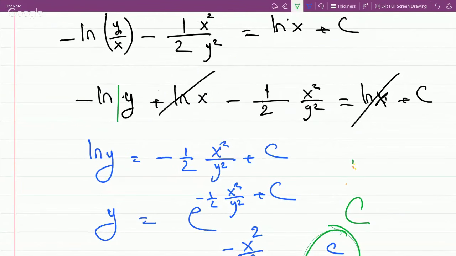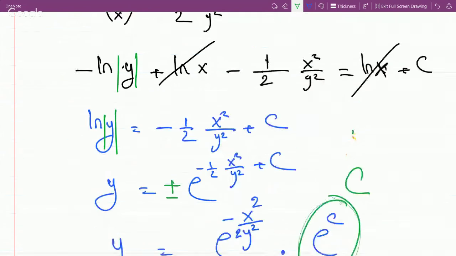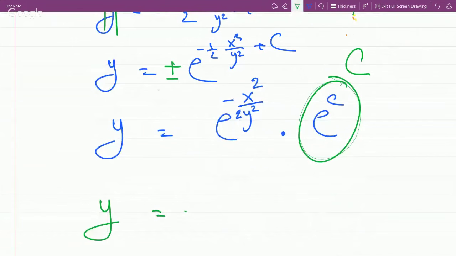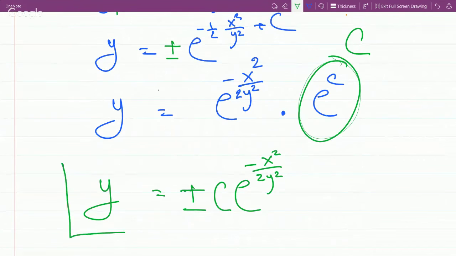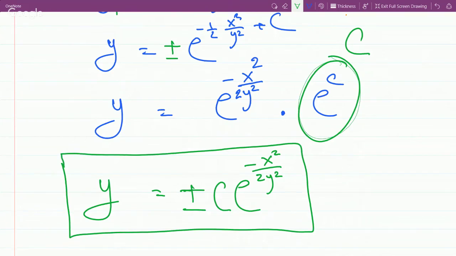Technically this was an absolute value if you want to be really specific, so this answer will need a plus or minus. So plus or minus c e to the minus x squared over 2y squared. This would be the final solution to the differential equation.